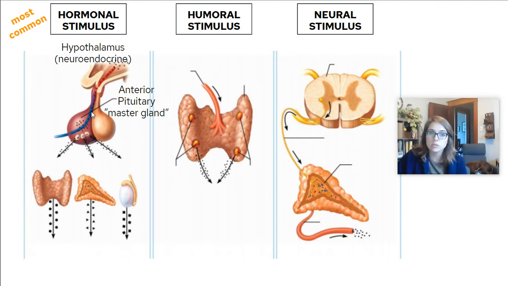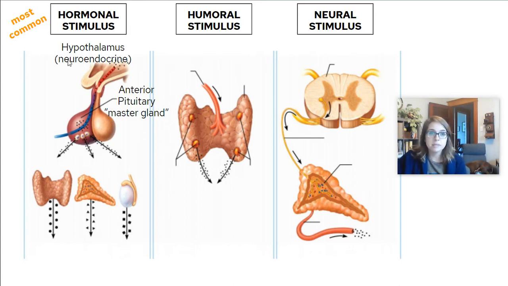There's two halves to it. It kind of actually sort of looks like testicles a little bit dangling down. There's two lobes to it. The anterior pituitary is called the master gland because it releases a lot of different hormones that stimulate other glands to release their hormones. That's where it gets its name from. But it is triggered by the hypothalamus.